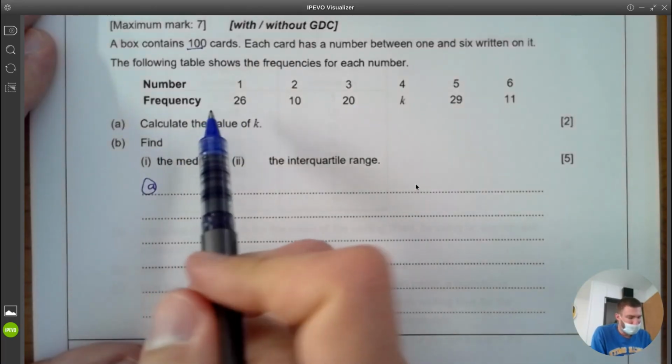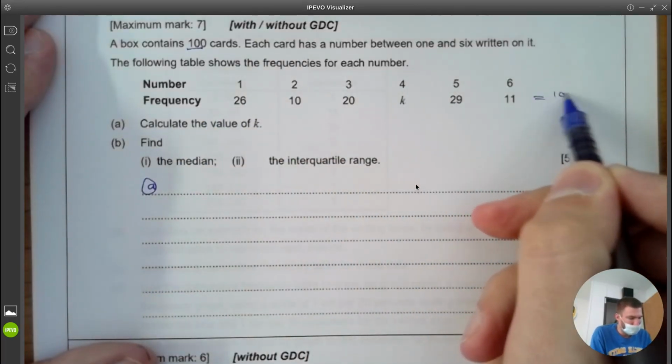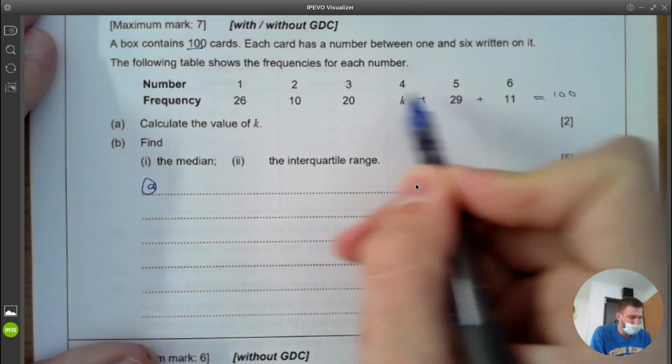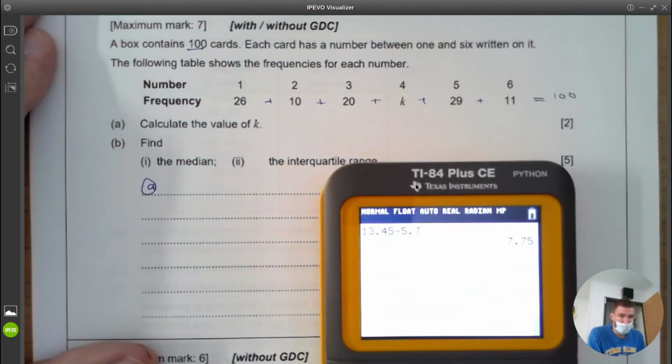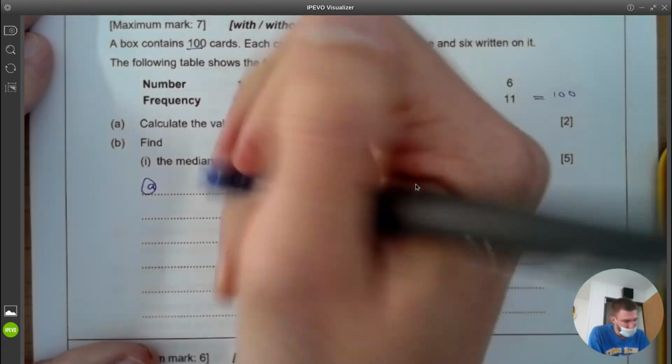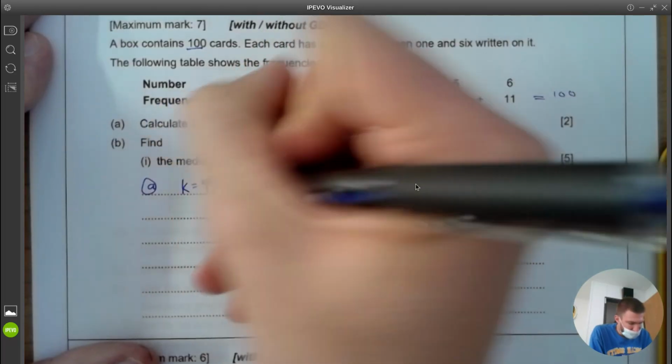This is our frequency, but we know that this frequency should be equal to 100 when we add them up. So if we do 100 minus 26 1s, minus 10 2s, minus 23s, minus 29, minus 11, I think that K equals 4.